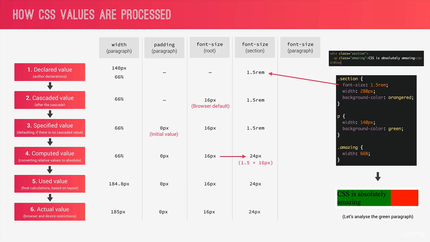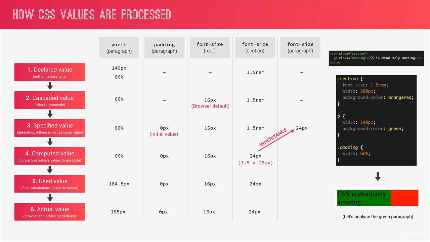And now the last one, the font size of the paragraph. Once more, looking at the code, we can't find a font size. So how come the text still has a font size? Well, in this case, it's no default and it's also no initial value, but it's a mechanism called inheritance. Now I'm going to talk in great detail about inheritance a bit later, but what you need to know is that some properties like the ones related to text, such as font size, inherit the computed value of their parent elements.